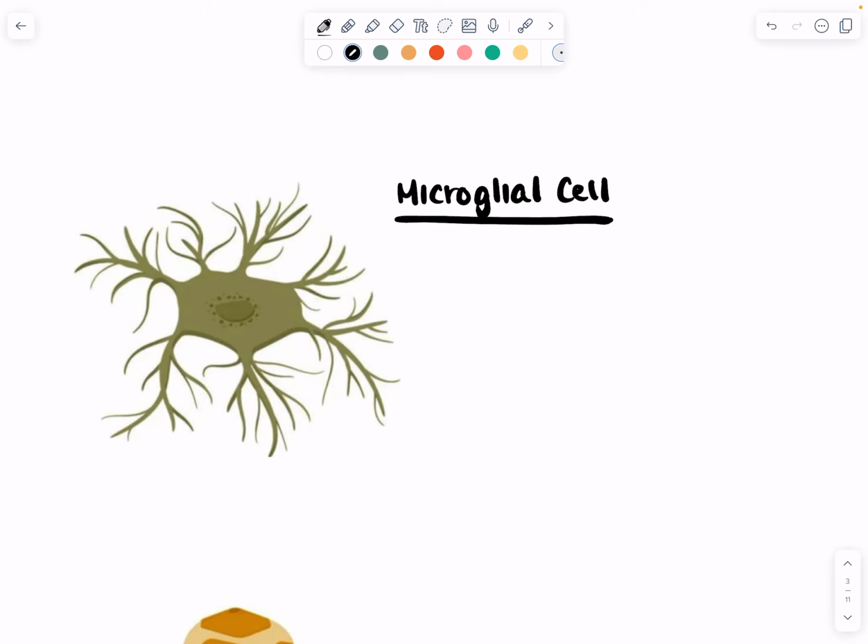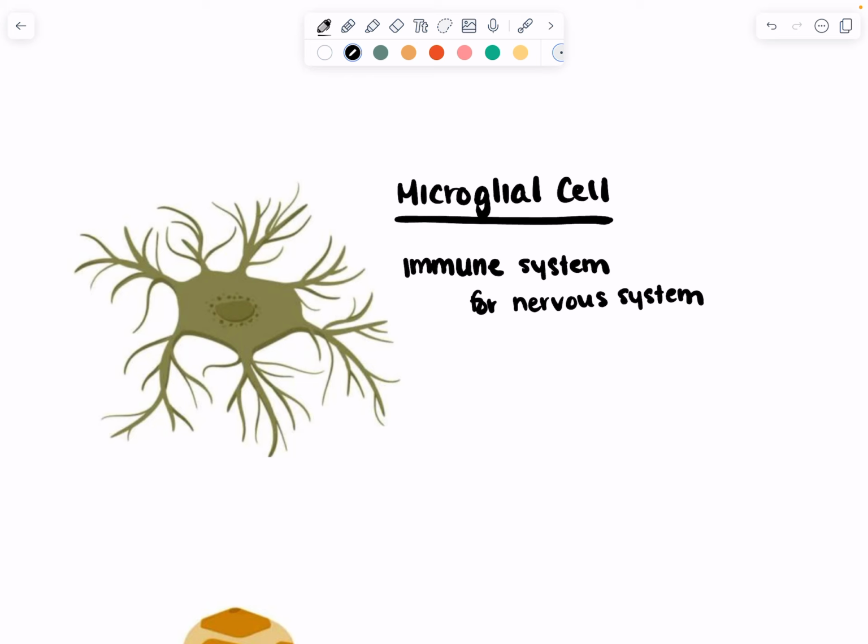The microglial cells are my immune system for my central nervous system, my immune system related to my nervous system. This is going to be a macrophage that we have in our brain, spinal cord, things like that. When I do have an infection, this is what's attacking it.